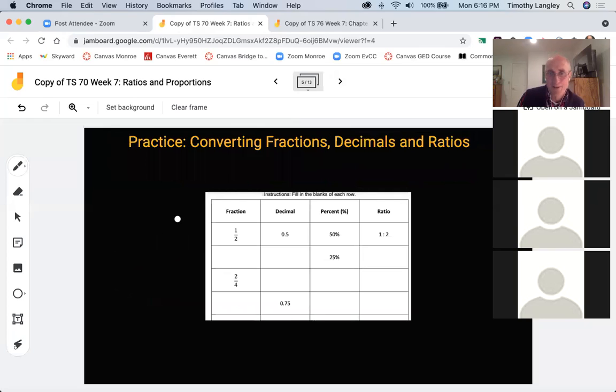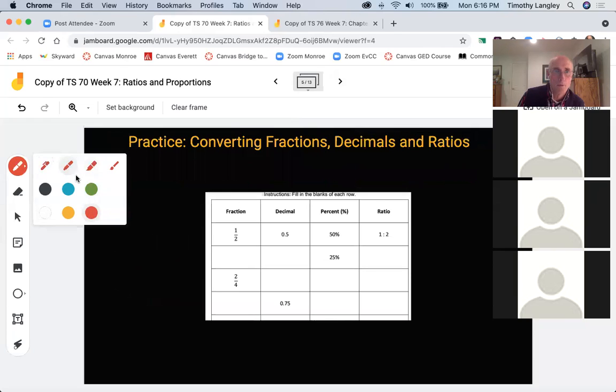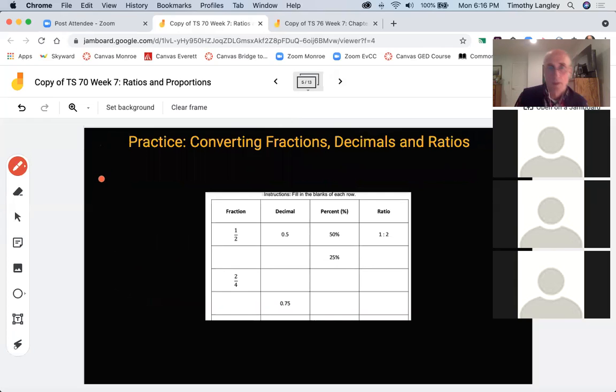This chart here, I don't think you have to fill it out with me, but you might want to fill in a couple, because it illustrates the idea of fractions as a ratio. There's a decimal form, a percent form, and then the actual ratio. The fraction 1/2 we know is 0.5 as a decimal.